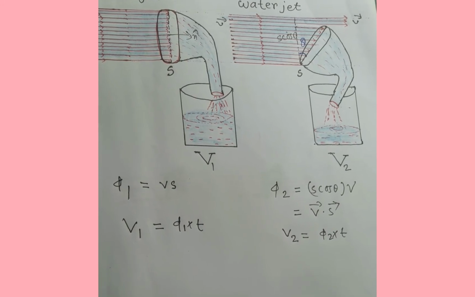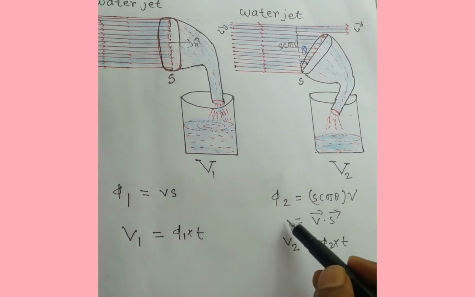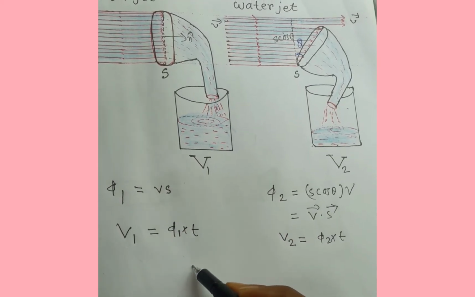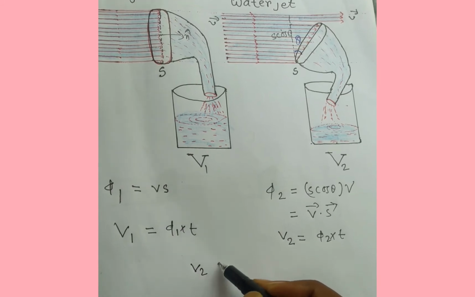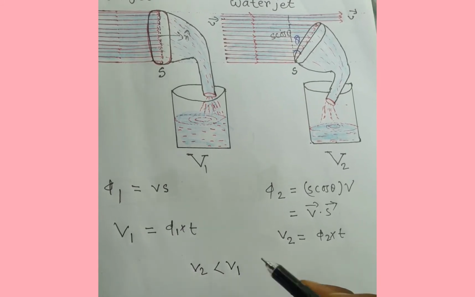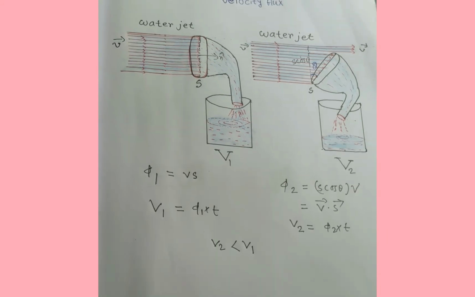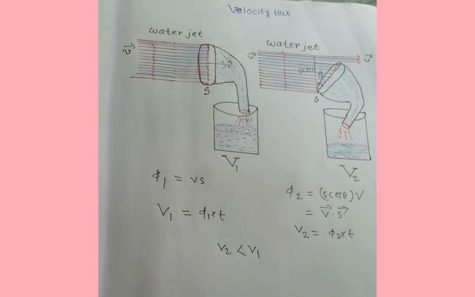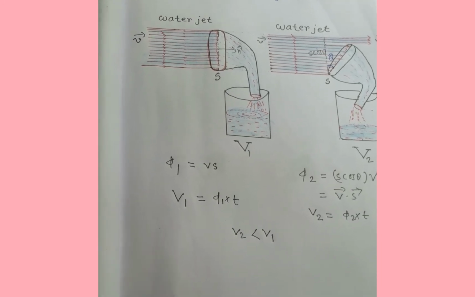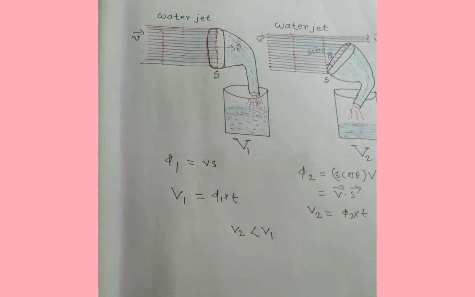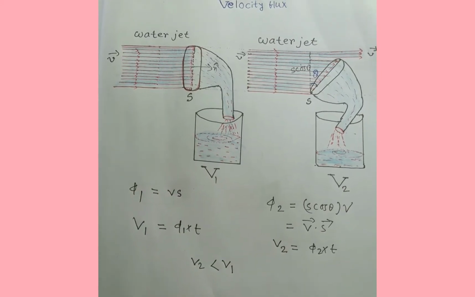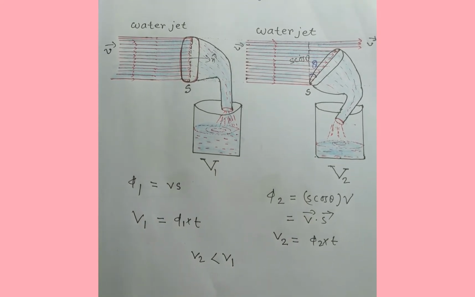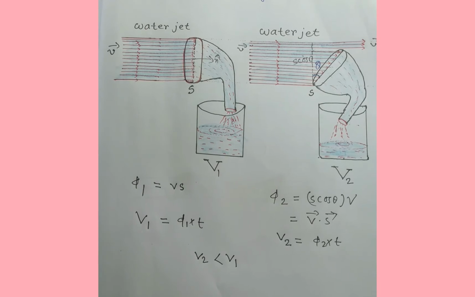Here we see that as phi 2 is less than phi 1, V2 is less than V1. Here we see that V dot S gives the rate of flow of liquid. Similarly, the electric flux should be some scalar quantity that we explain later.